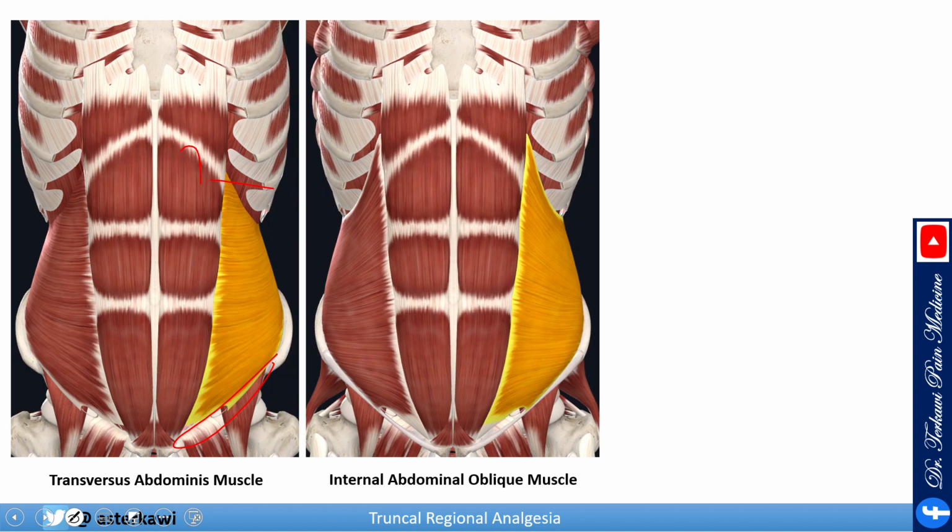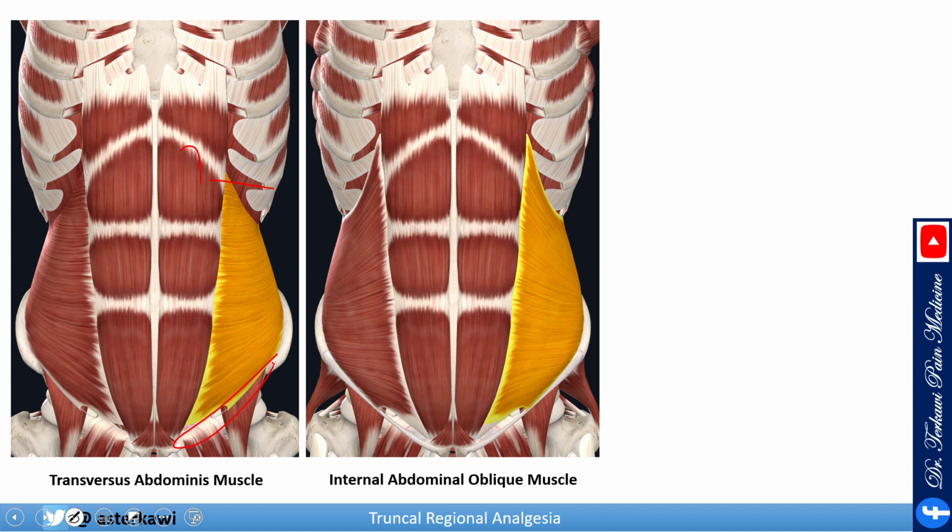Above that, you have the internal abdominal oblique muscle, which originates from, again, the thoracolumbar fascia, and it goes all the way and inserts in the 10th to 12th ribs.